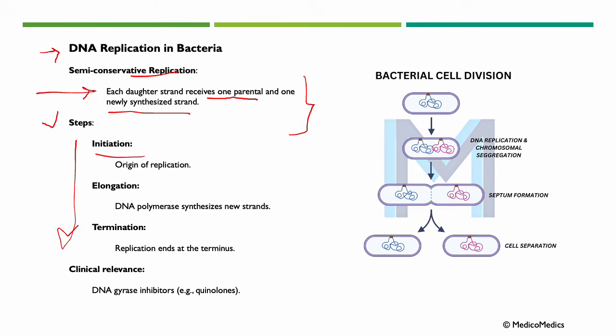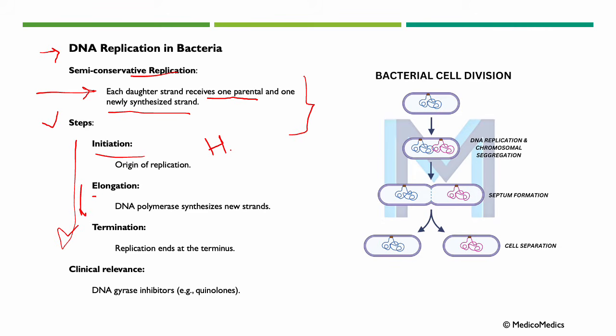This begins at a specific origin of replication, a unique sequence where the replication machinery assembles. Then we have the enzyme helicase, which unwinds the double helix, creating a replication fork.